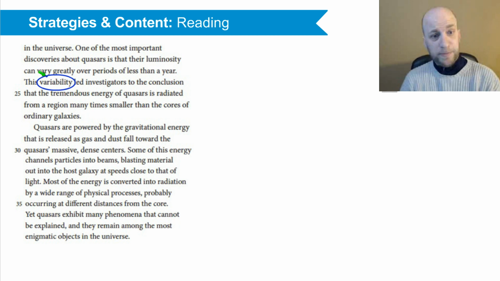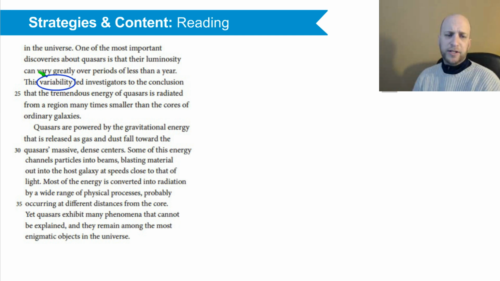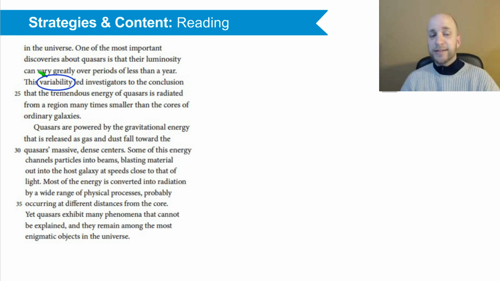All right, let's look at our next paragraph here. Quasars are powered by the gravitational energy that is released as gas and dust fall toward the quasar's massive density. That sounds like some tough science stuff. I might not quite remember. Okay, maybe it's about how it's powered. Maybe I'll circle that. All right. Some of this energy, okay, I'm on the right track because it's still talking about energy, good.